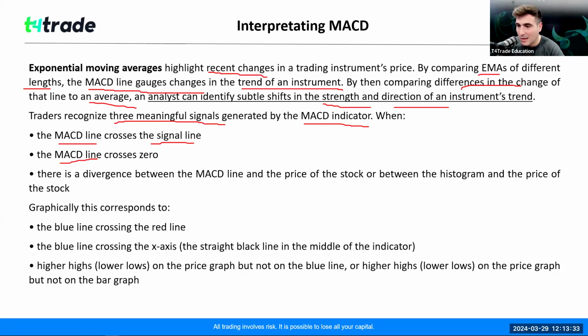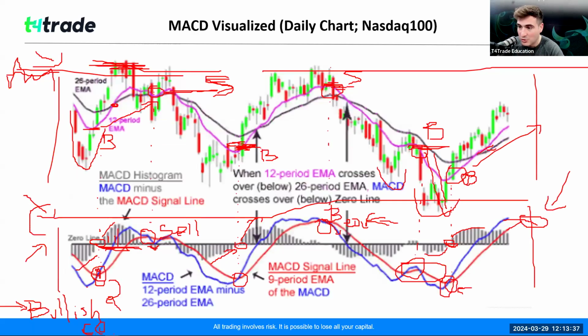The second signal is when the MACD line crosses the zero level, which is what I didn't mention, which is this. You see the blue line cutting above the red line, MACD crosses above the signal line, and then it crosses over the threshold. This is a lovely signal, which is in a sense what two moving averages are telling you right there as well.